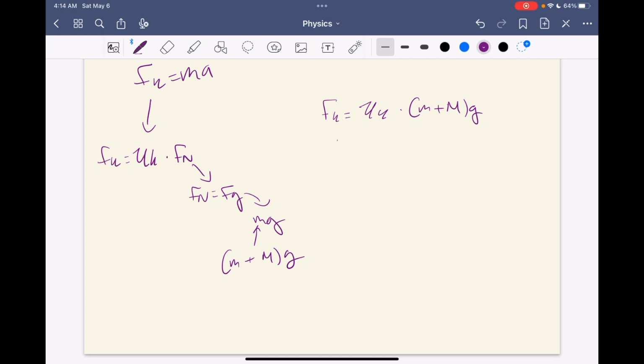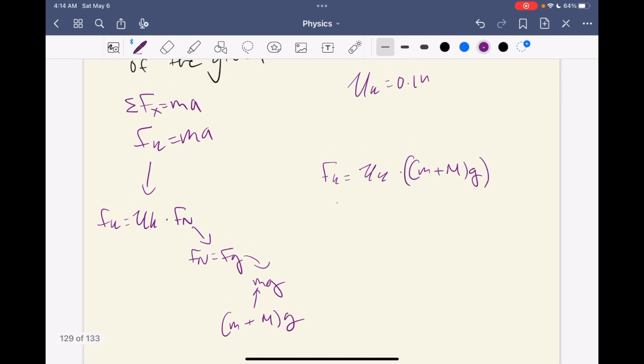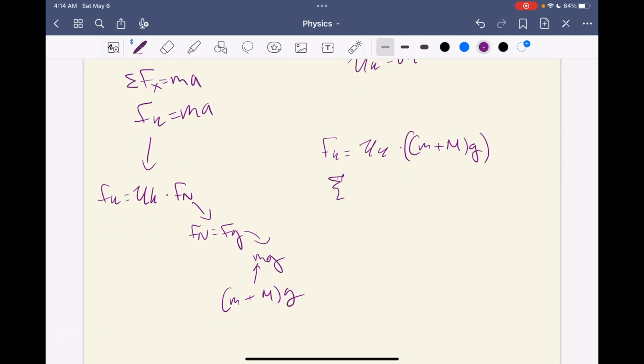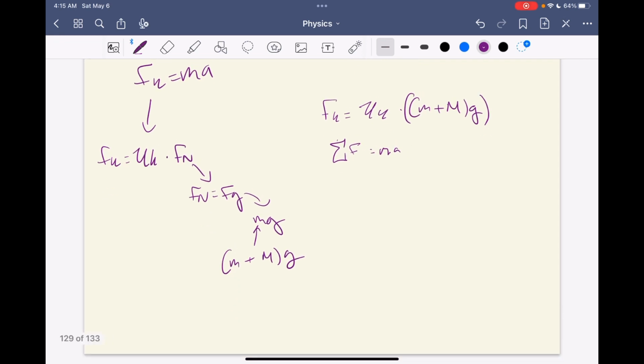This can get a little confusing, so we can put the parentheses like that. And then we can go to the original net force formula and plug it in. So mu k times (m plus M)g equals ma.